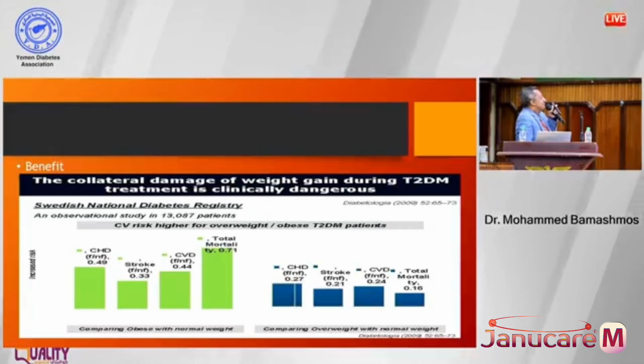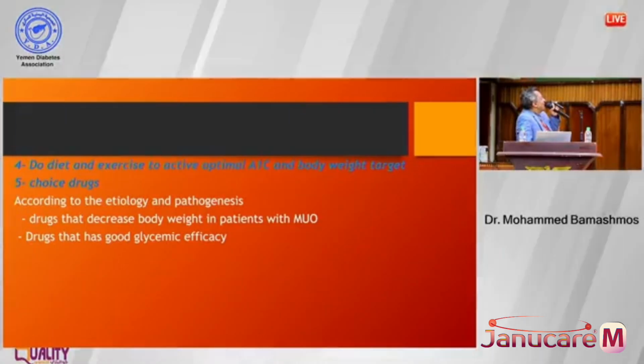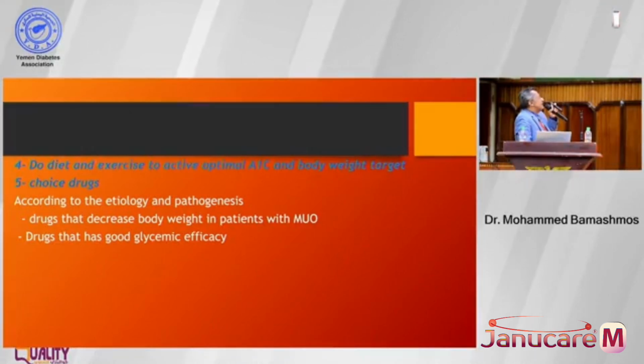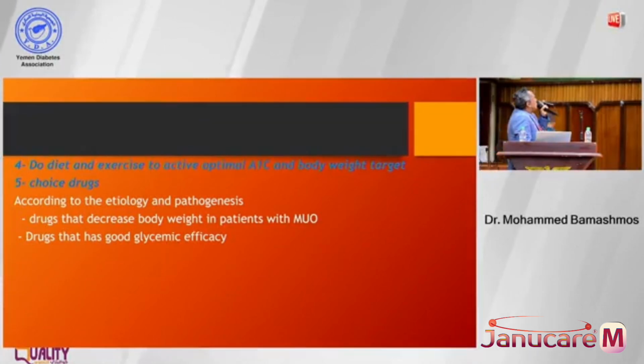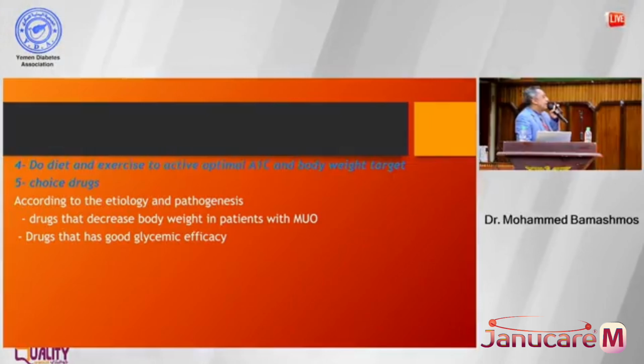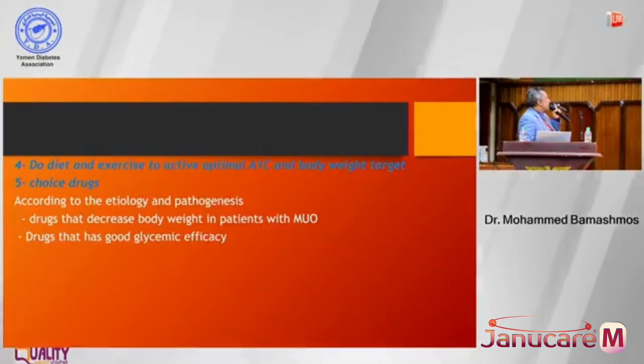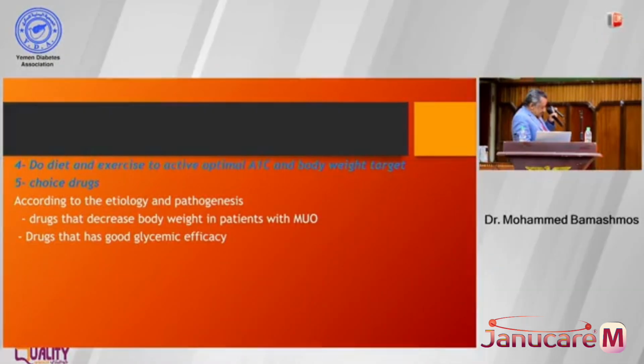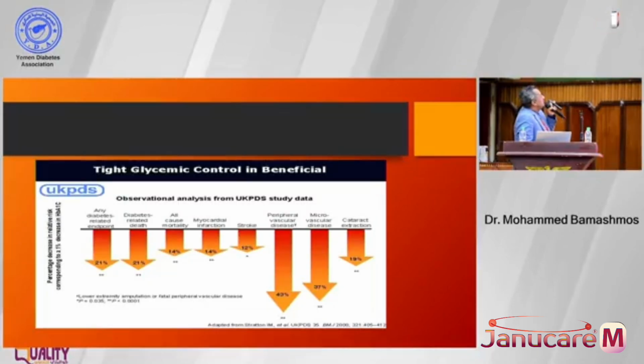You have to do diet and exercise to achieve an optimal A1C and body weight target. You have to choose the drugs if the diet and exercise fail to achieve optimal A1C and body weight target.